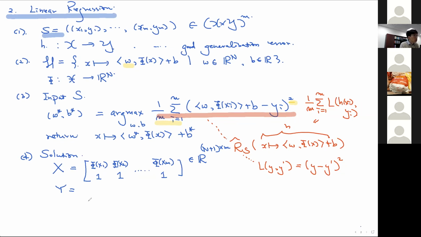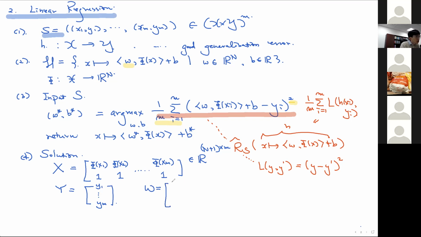Yeah, so y will be just a column vector, where the target values are listed from the top to the bottom. Okay. And then we write W, which is also a column vector.